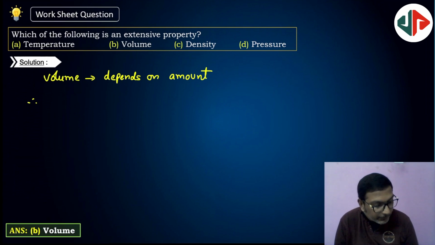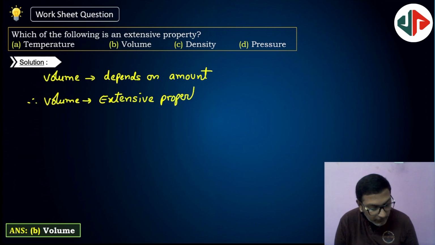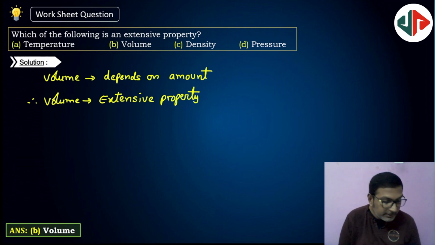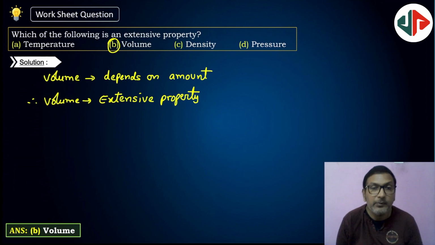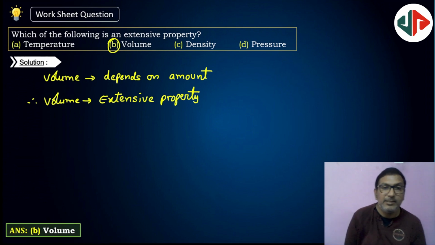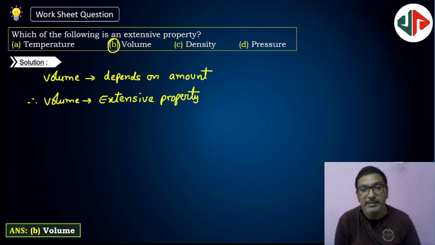Therefore, volume is an extensive property. Simply B. So examples of intensive properties and extensive properties are very important.